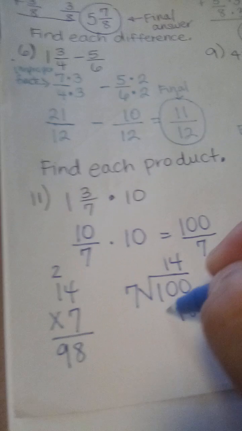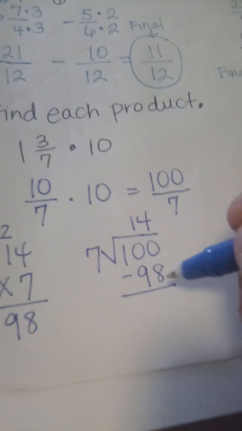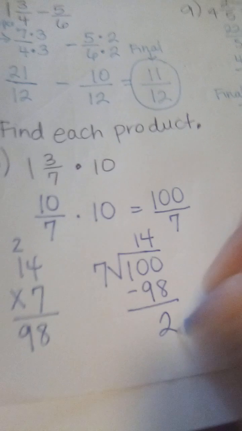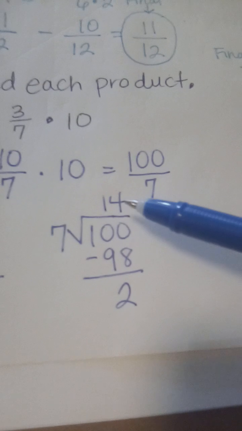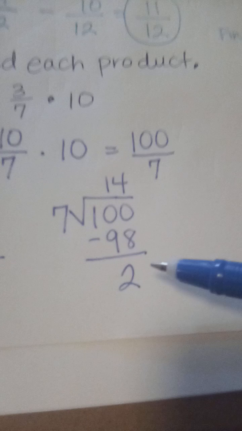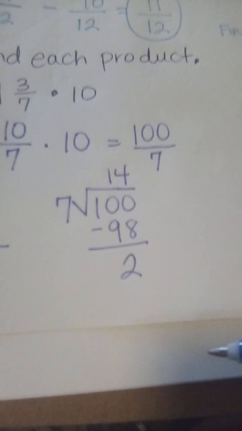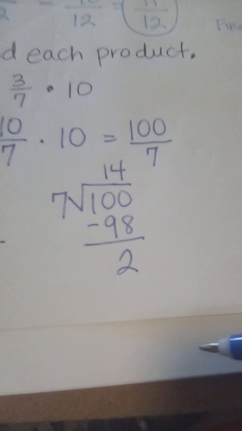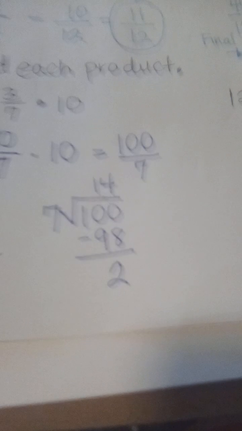That looks pretty fair. So we have 100 minus 98. That gives us 2. Now, this is the fun part. What is the whole number? The 14, the remainder 2, or the outside 7? 14, right?